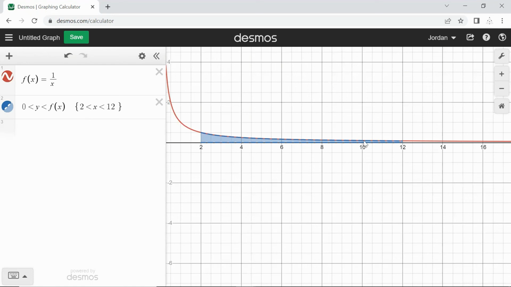That signed area was about 1.79. Again, that's much, much nicer and much, much more efficient than trying to do Riemann sums and getting close to an actual number. So there you go. That's 7-4, the fundamental theorem of calculus.